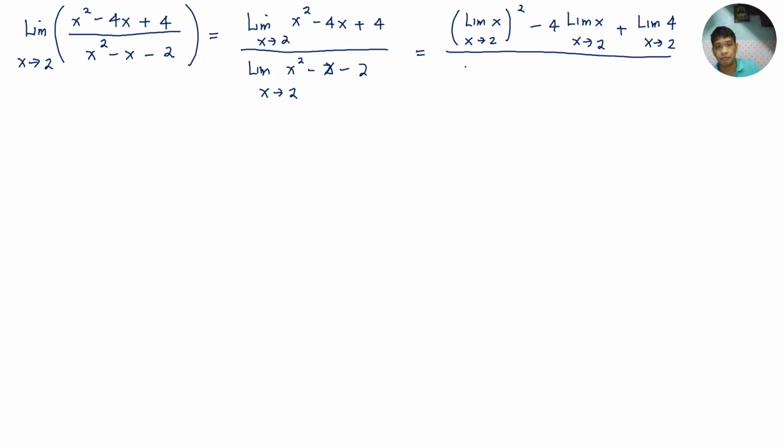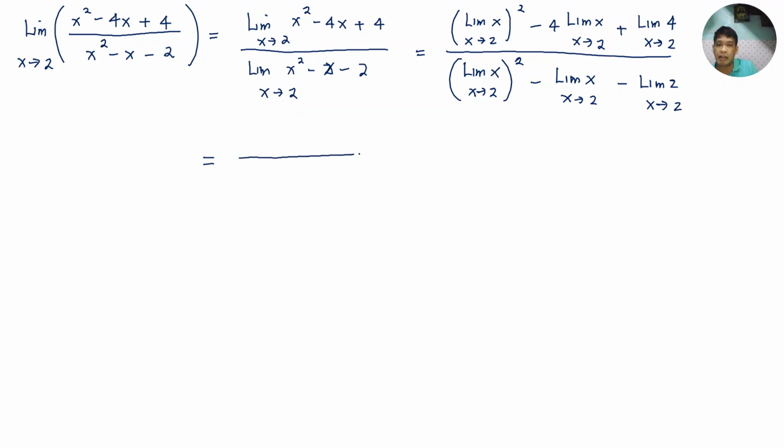All over the limit of x as x approaches 2, squared, that is being raised to the second power, minus the limit of x as x approaches 2 minus the limit of 2 as x approaches 2.